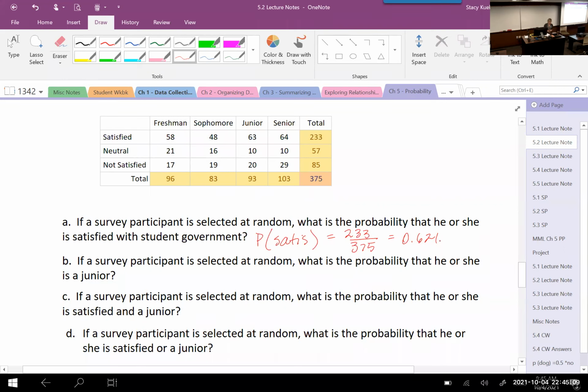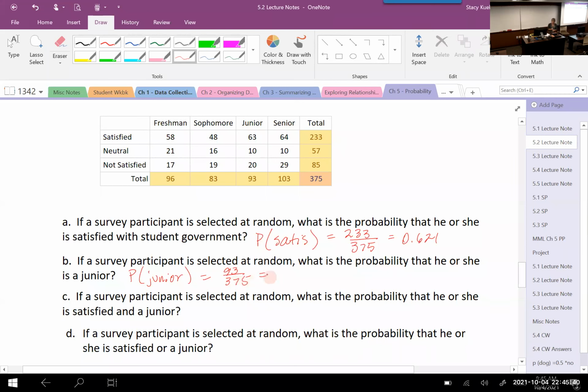How about the next one? If a survey participant is selected at random, what is the probability that he or she is a junior? Now remember, we're going to practice by writing capital P and the event that we are looking for. What is the probability that I randomly pick somebody that's a junior? How many people are juniors? 93. 93 out of how many people available? 375.